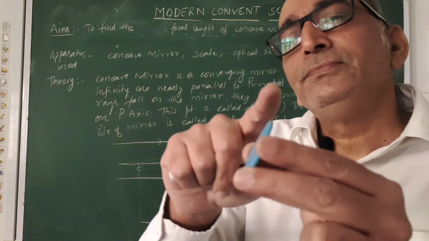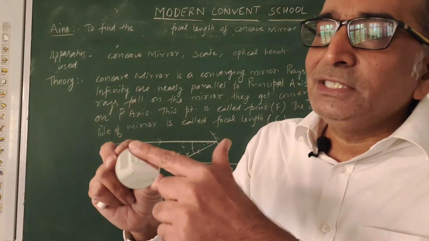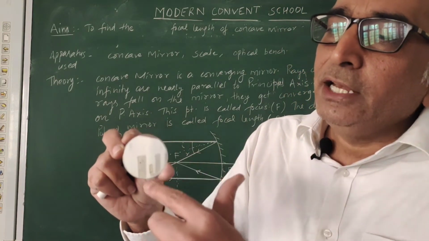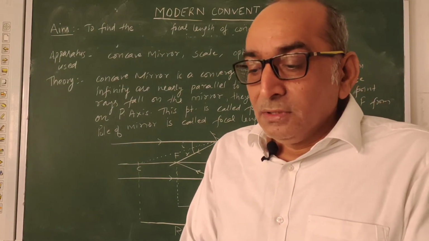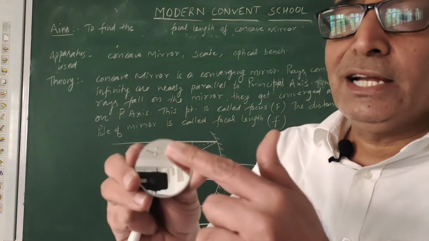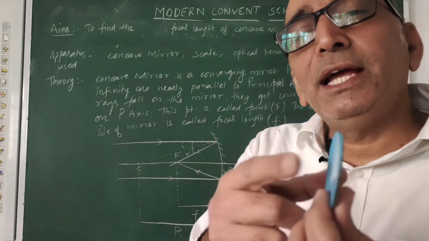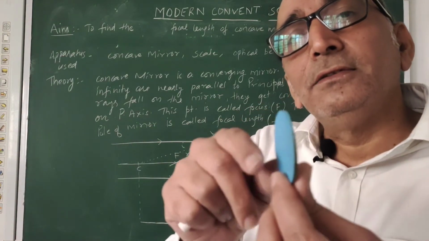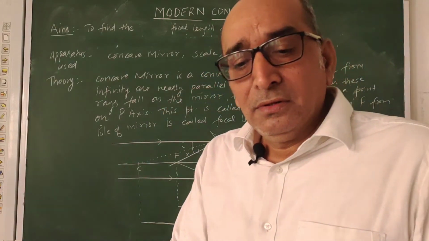Behind it, it is bulging out. The reflecting surface is curved in. And this is the convex mirror, the reflecting surface is curved out. And behind it is curved in. You might be able to see it.